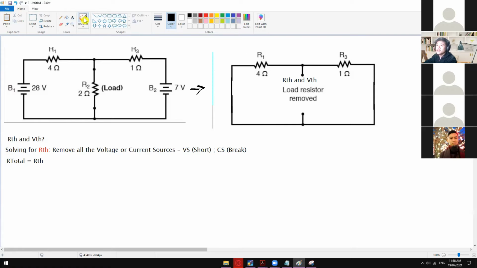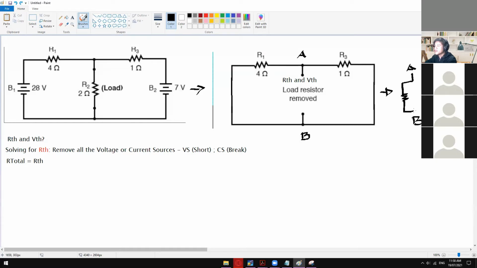This one is now our node A, and this one now is our node B. And if you are going to transform this one, from here we have node A and node B, and then we have this line right here, and then we have this resistor R1, and then we have this resistor R3.